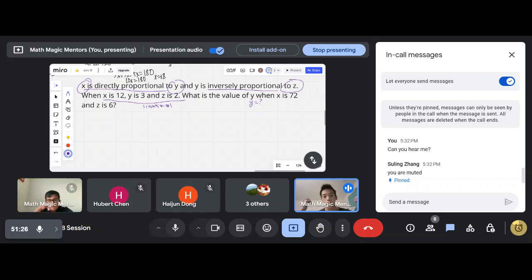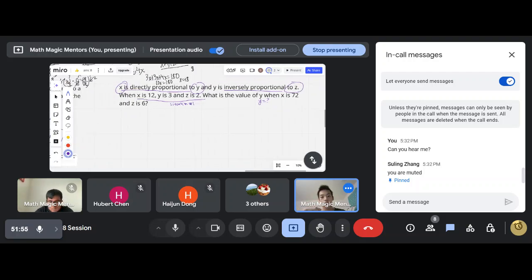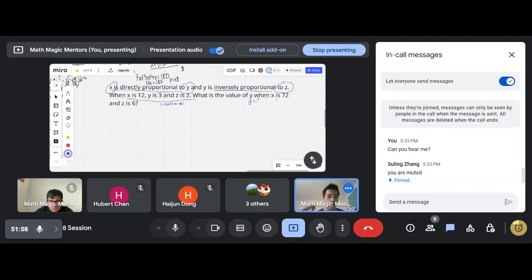So you know that when x is 12, y will be 3 and z is 2. It doesn't necessarily follow from one value, but if you're given two, you can find a third one. For this first situation, this actually just gives you the constant that is relating situation one and situation two. Situation two is in the second sentence. This is situation two.